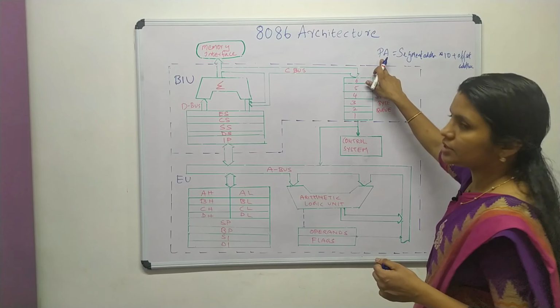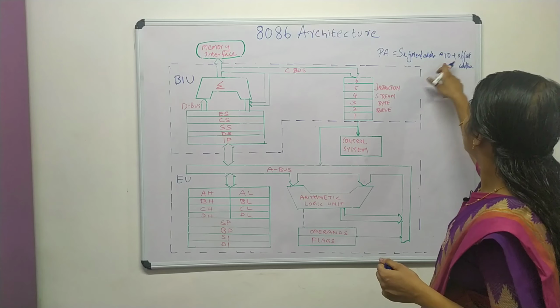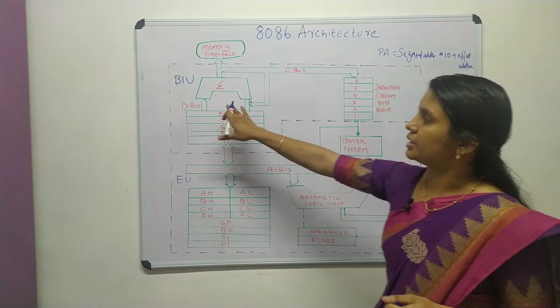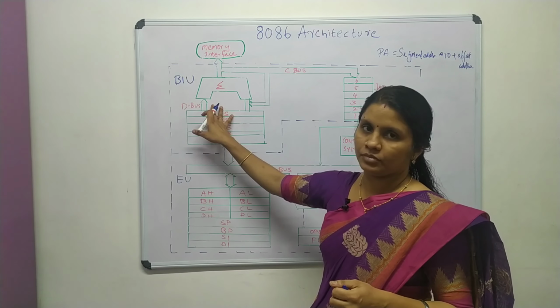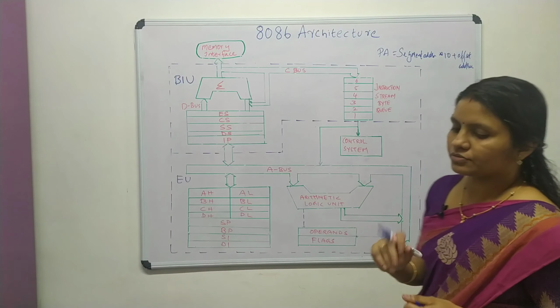That is, physical address is equal to segment address into 10 plus offset address. This calculation is done by this arithmetic circuit. You know what the physical address, segment address and offset address are.